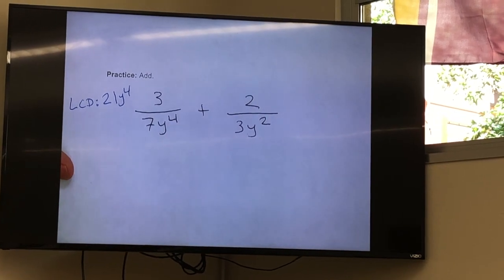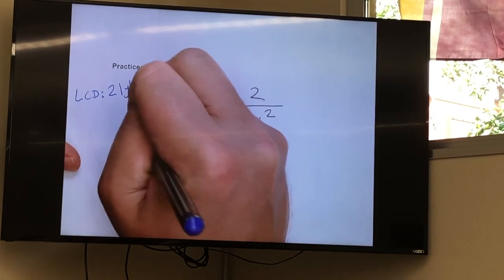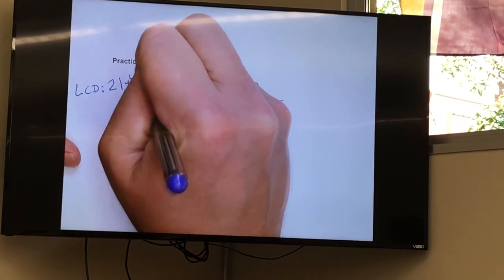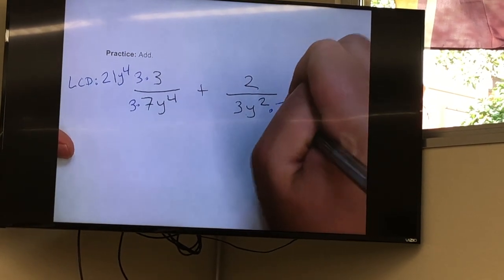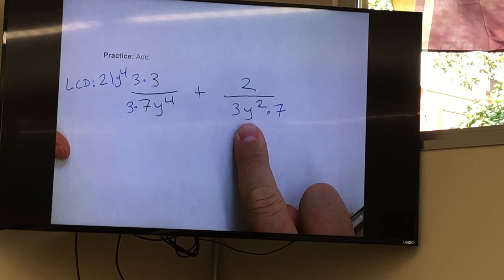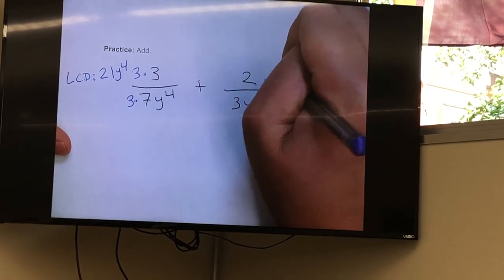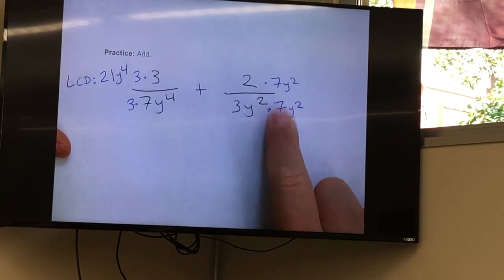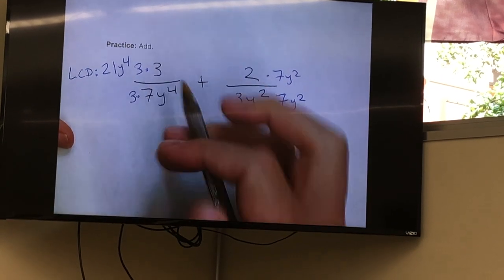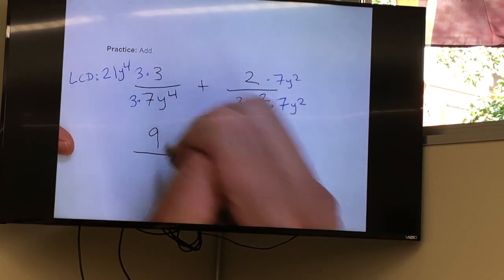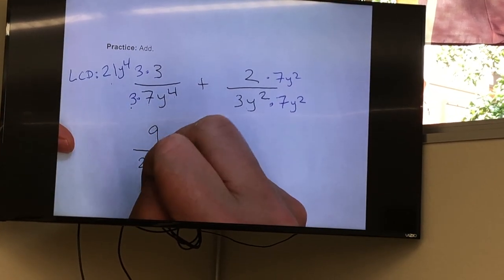So what do we need? The 7 just needs to be multiplied by a 3 and a 3. This one over here needs to be multiplied by a 7, but it has a y squared, so we need to multiply it also by another y squared. Remember, whatever we do to the bottom, we must do to the top. So 3 times 3 will give us 9. Our 3 times 7y to the fourth gives us our LCD.